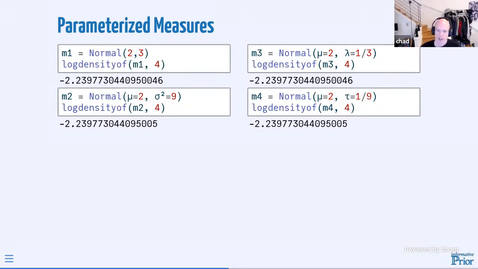If you look at a lot of distributions, the rate is very often called lambda, so we standardized around that. And then the precision tau: from the standard deviation to the variance, you square it. From the rate to the precision, you also square it. So these are just 4 different parameterizations of a normal parameterized measure that come up, showing that you get the same result in all cases.